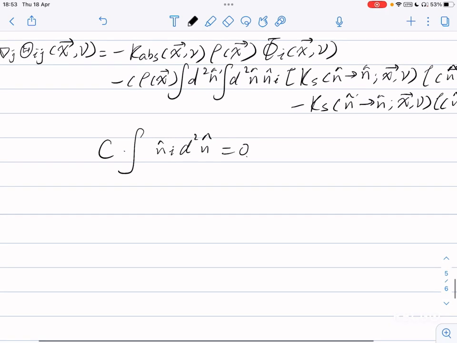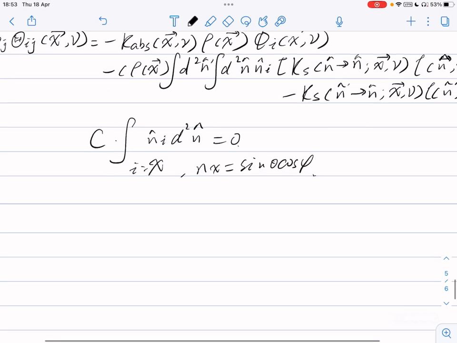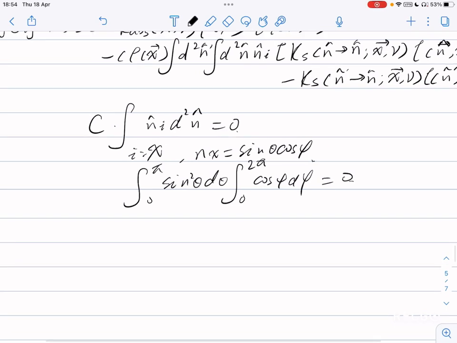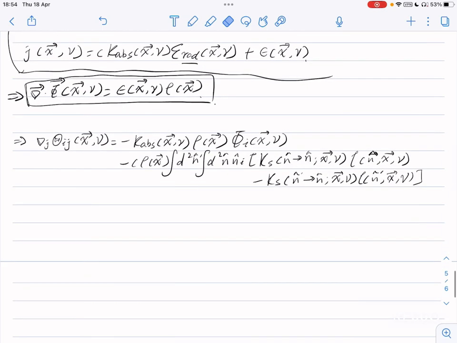For example, for i equals x, n_x equals sine theta cosine phi. So this integration becomes the integral from 0 to pi of sine squared theta d theta, times the integral from 0 to 2 pi of cosine phi d phi, and it is obviously 0. For n_y and n_z, it is the same. You can verify it easily. So the emission term vanishes. Just a simple trick.